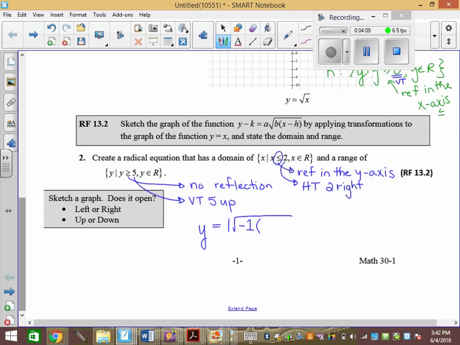I could have a stretch, I guess, but in this case, it doesn't say anything about that. And then I have x minus 2. From the domain and range, you can't tell if there's stretches. And then it's 5 up, so at the back I have plus 5. If I wanted it in this form where it's y minus k, I would have y minus 5 equals the square root of negative x minus 2.